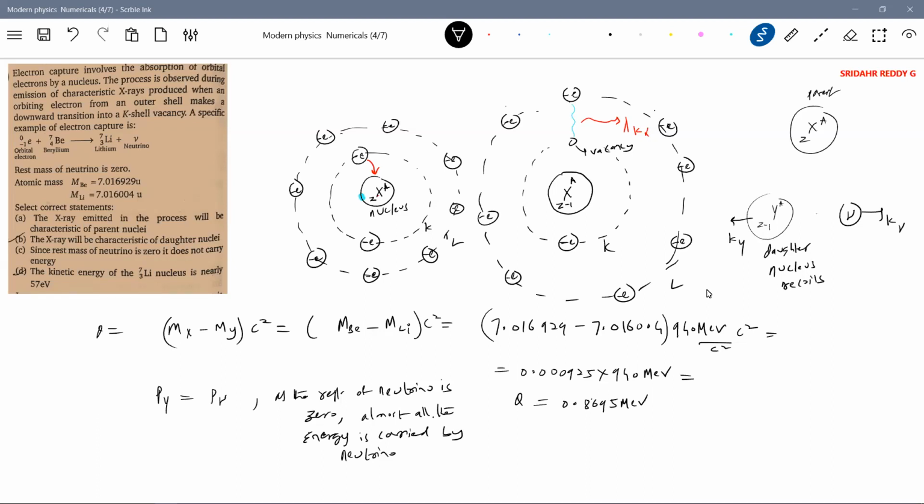Therefore, this 0.8695 MeV is the energy of the neutrino, equal to Q. Then the kinetic energy of the daughter should be equal to p squared by 2 times the mass of the daughter, where p is equal to the momentum of the neutrino.